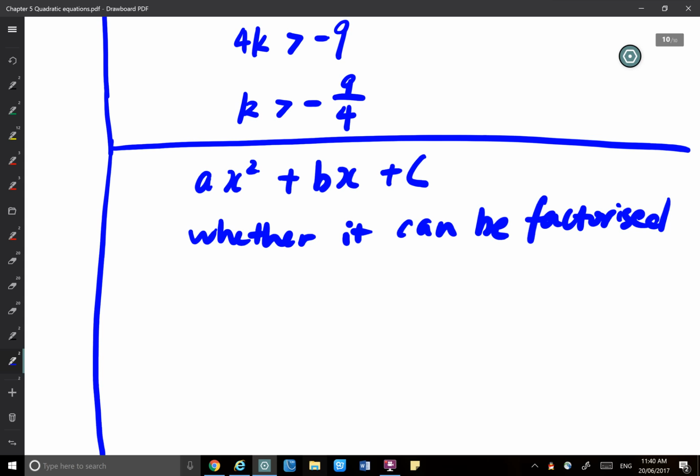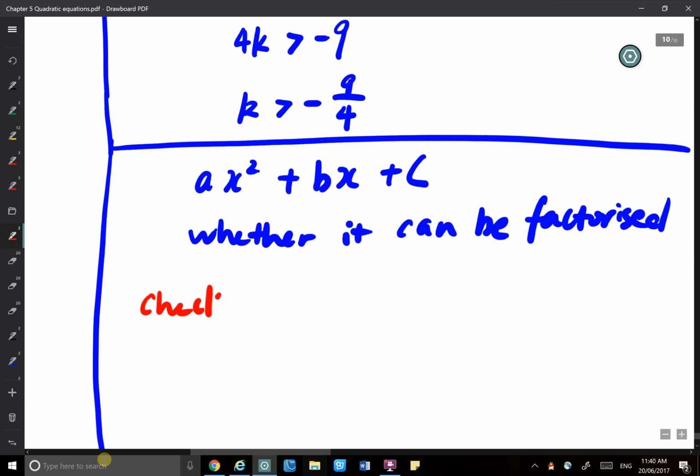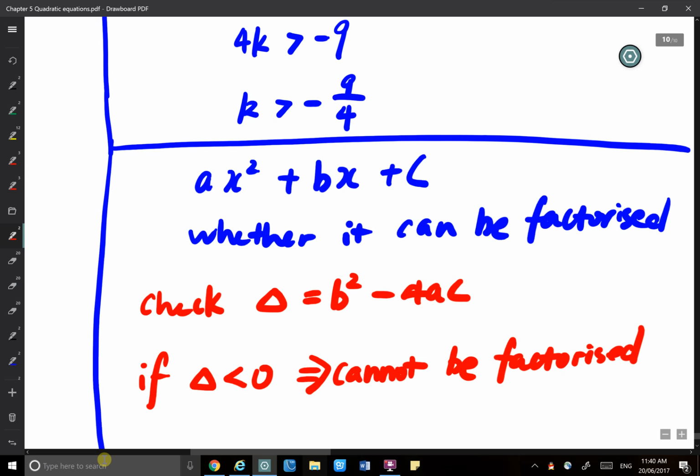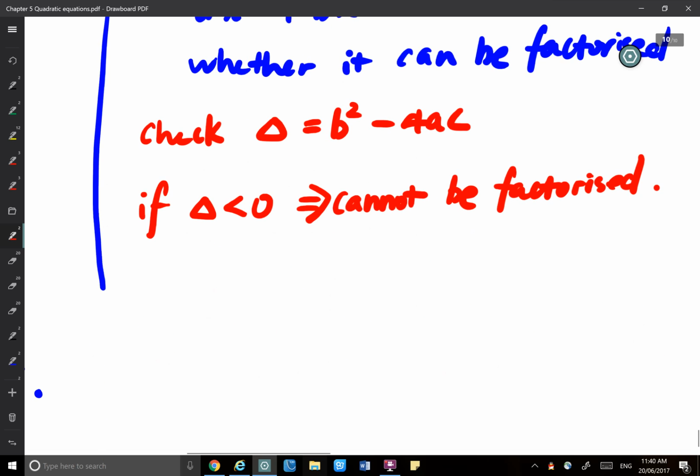Now in this case, check the discriminant. If the discriminant is less than 0, it directly tells you it cannot be factorized.